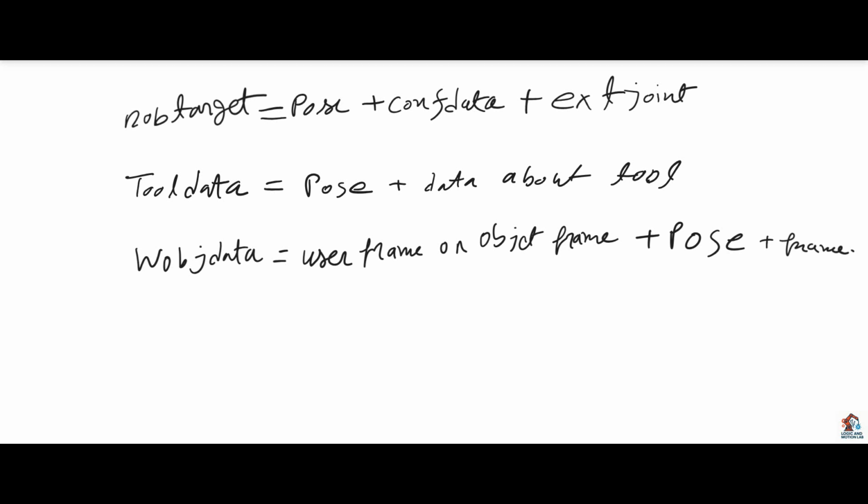Now I have a question for you guys. These are data types, right? My question is, what do you think the variable types of them will be? Will the robot target be a regular variable, a persistent, or a constant? And what will be the variable types of tool data and work object data?